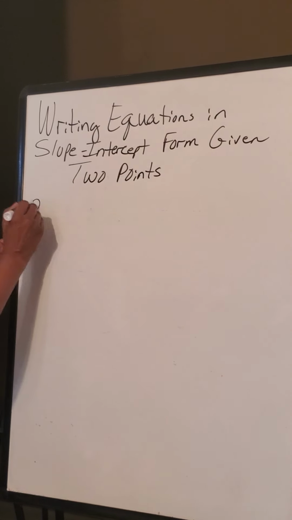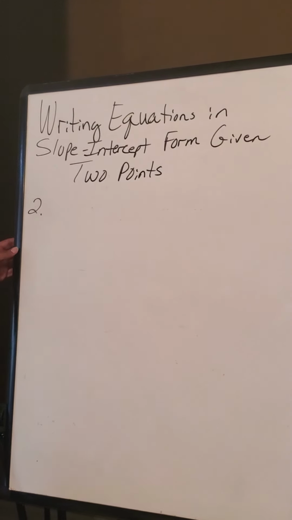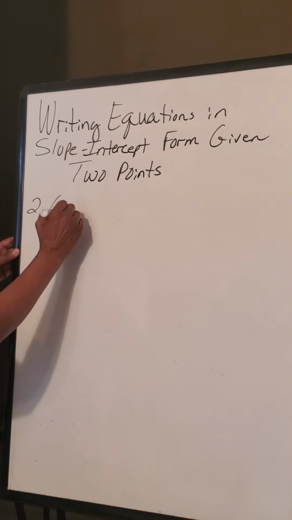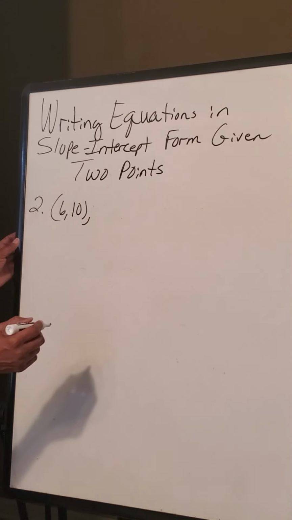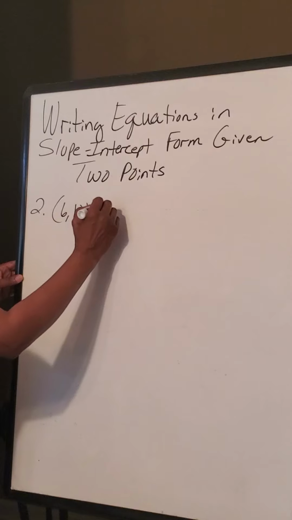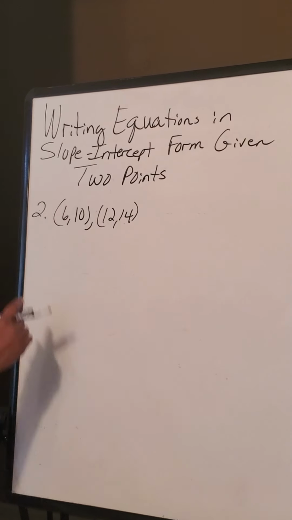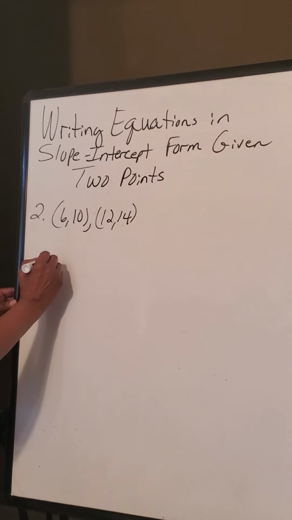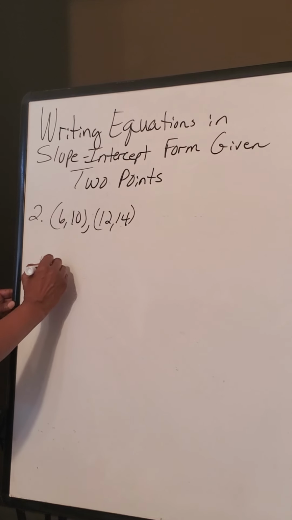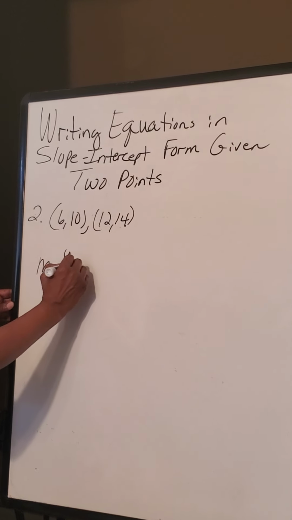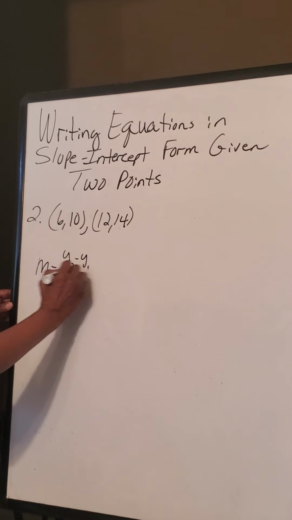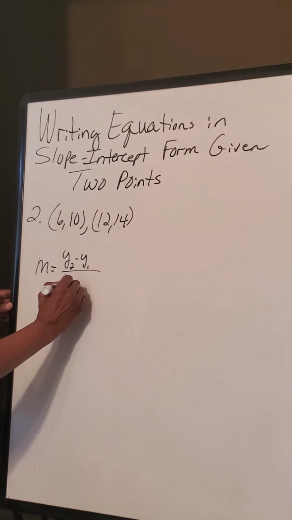On example 2, if you're given the ordered pairs (6, 10) and the ordered pair (12, 14). Again, let's start by finding our slope. Remember, those are subscripts.